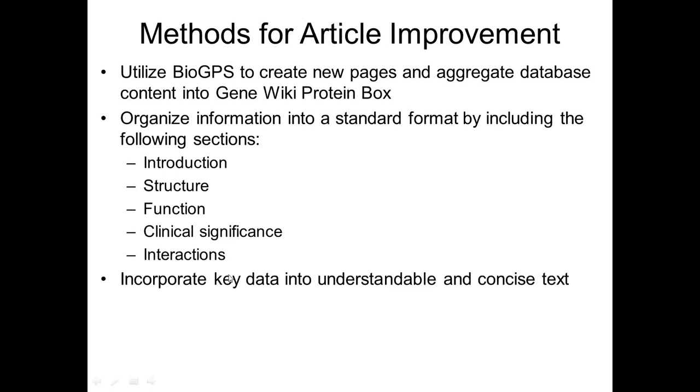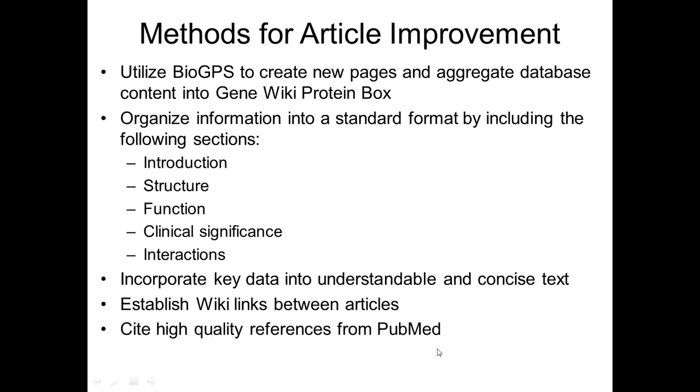Then we write each section, incorporating key data into understandable and concise text. Then we establish wiki links between the articles, between, for example, diseases, concepts, etc. And then we put a significant amount of effort into comprehensively citing high-quality references from PubMed to facilitate knowledge access.